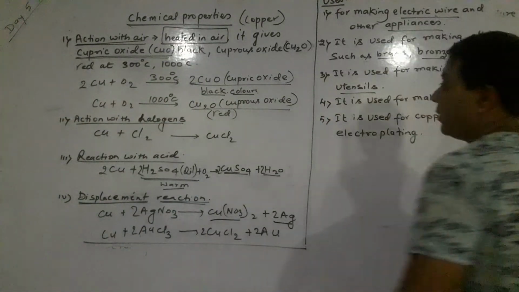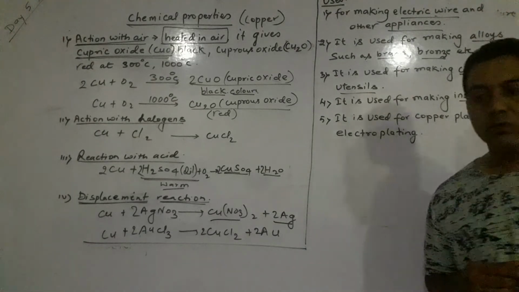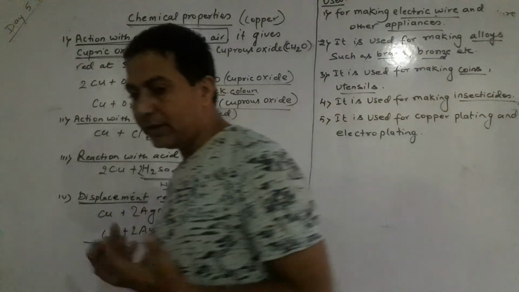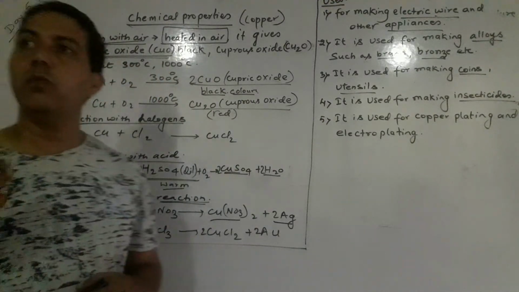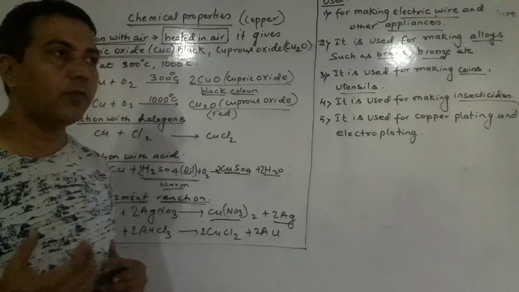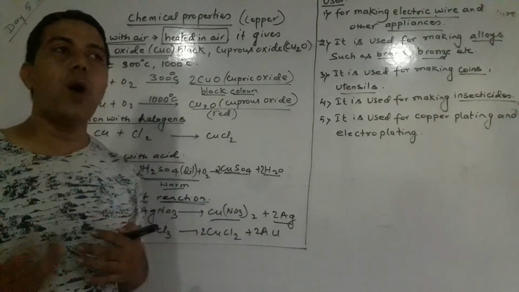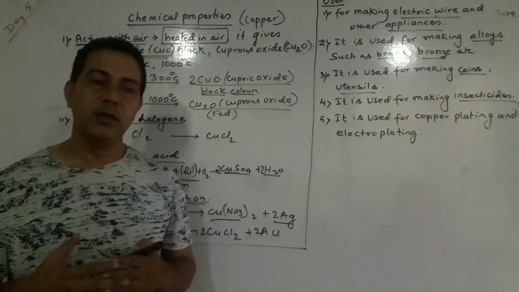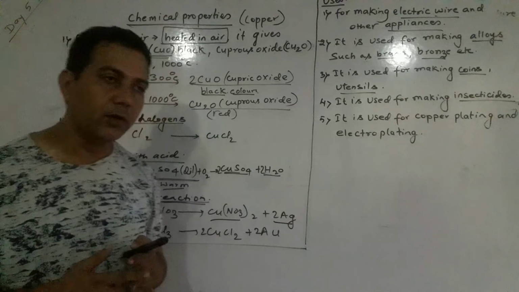Now comes the next one, the uses of copper. So where is copper being used? The first is for making electric wire and utensils that are used to pass electricity.